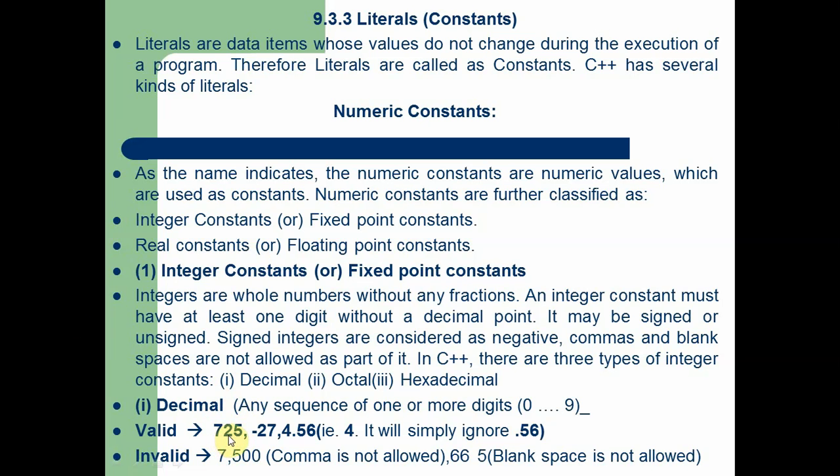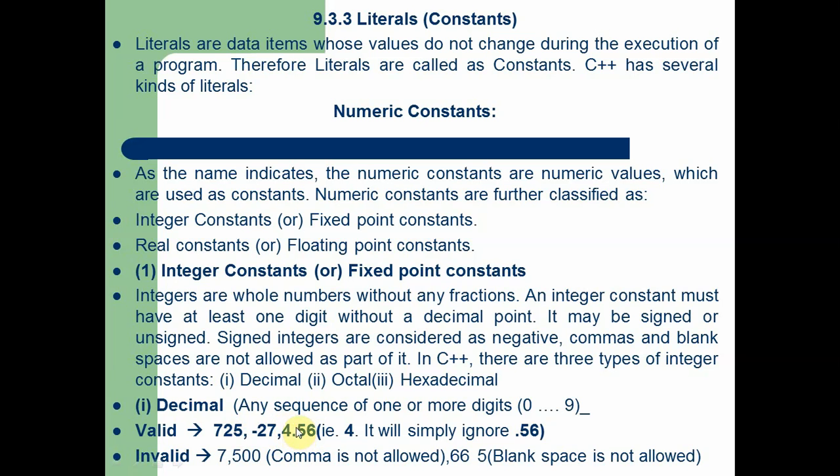For example, we can give 725, comma, minus 27, comma, 4.56. These numbers are valid. So here you can ask that 4.56 consists of a fraction. Yes, 4.56 is a number which contains a decimal fraction, but this number is accepted as an integer and 0.56 is ignored.